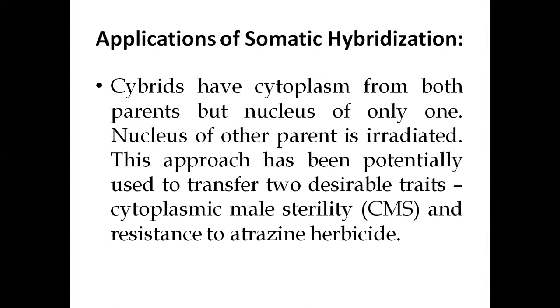This approach has been potentially used for transfer of desirable traits that are especially inherited in the cytoplasm, like cytoplasmic male sterility, and this will be used for the production of resistant varieties. For example, resistance to atrazine herbicide has been produced by this technique.